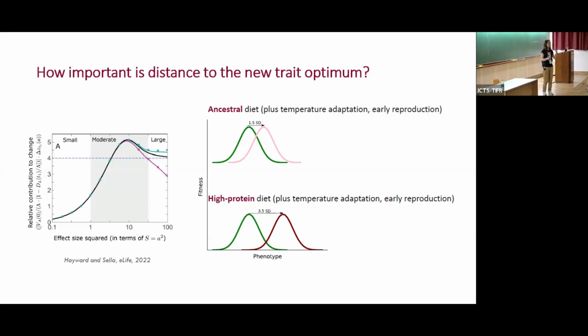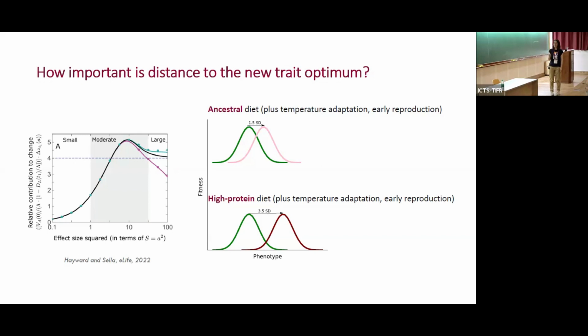I think Luis Miguel showed in some of the studies that they changed the intensity of the selection regime just by adding more stressors. So if we assume that we could play around with this combination of selection stressors, we could study the effect of selection pressure or distance to this new trait optimum on the adaptive processes.